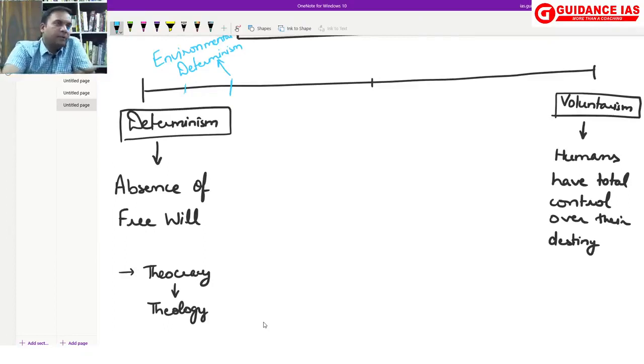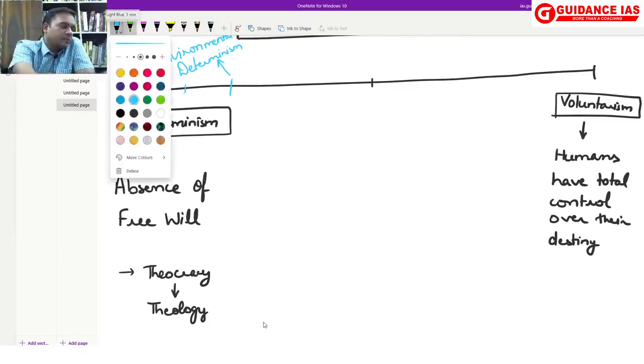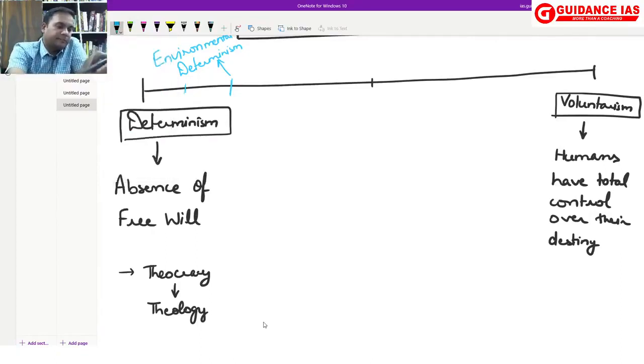If I have to put others, I can put here Ratzel's. What was Ratzel's idea? His new or scientific determinism.